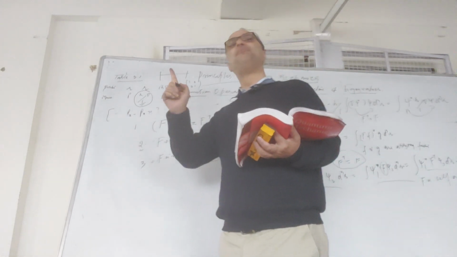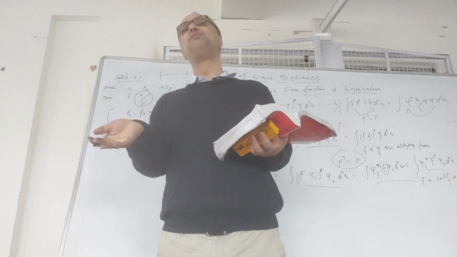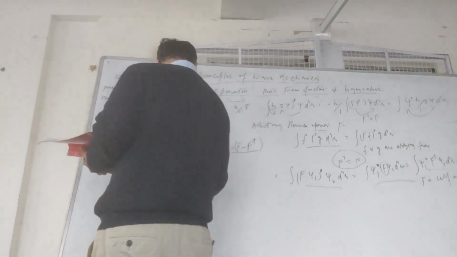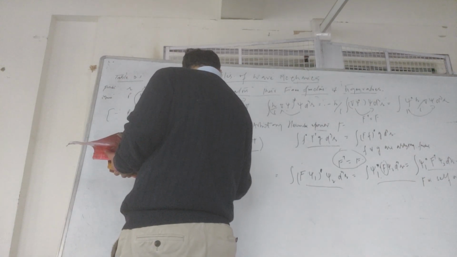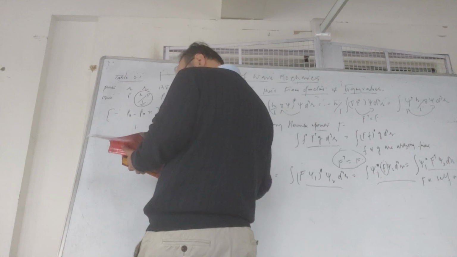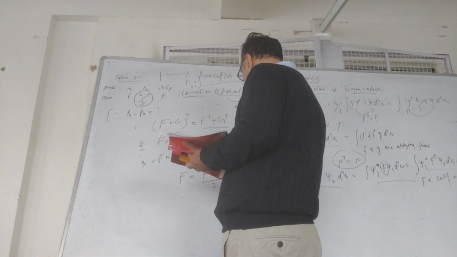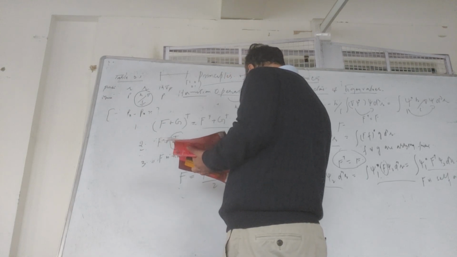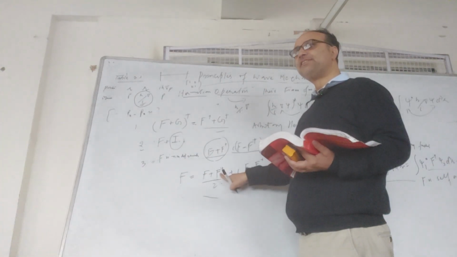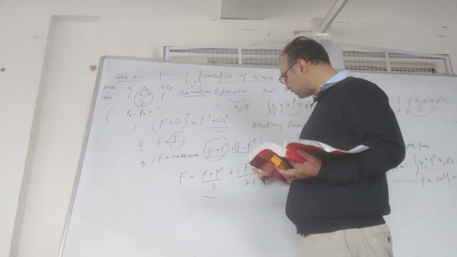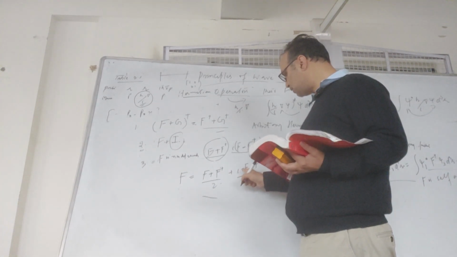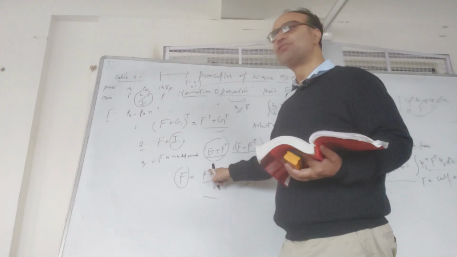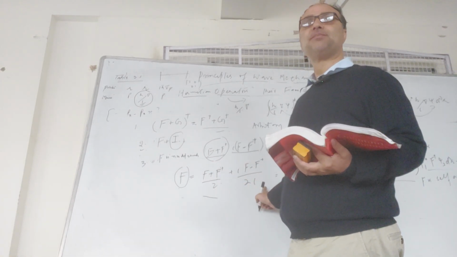We can write any matrix as a sum of a Hermitian plus a non-Hermitian matrix. So you can write F as F plus F dagger by 2, plus iota times F minus F dagger by 2 iota. So this one is Hermitian, and this one too. Multiply this by iota, it will cancel with this, so you will get F back. So any matrix can be written as a sum of a Hermitian and a non-Hermitian matrix.